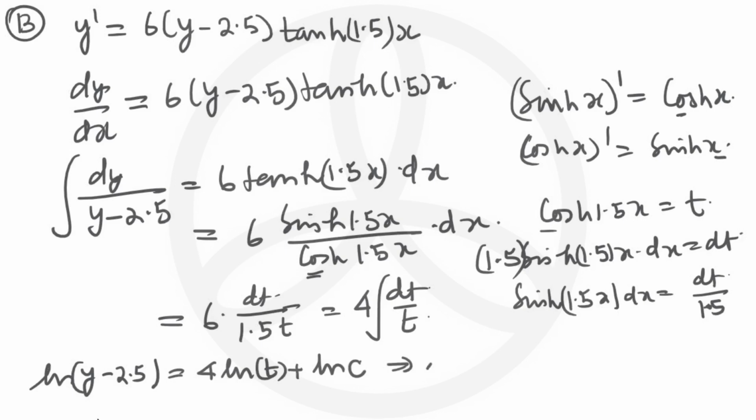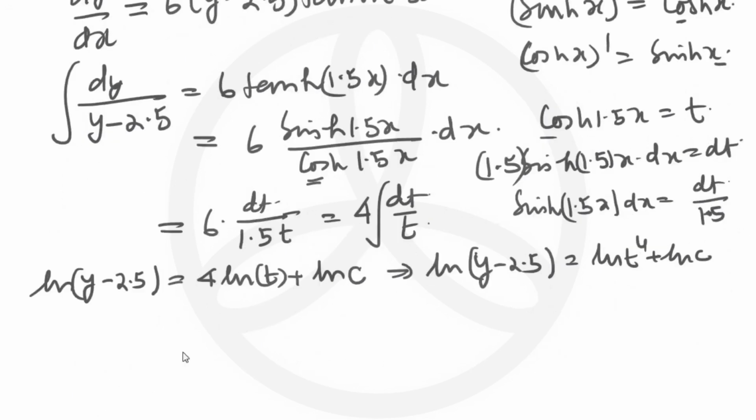This can be written as ln t to the power 4 plus ln c, and this becomes ln (y minus 2.5) is equal to ln c t to the power 4. Okay.